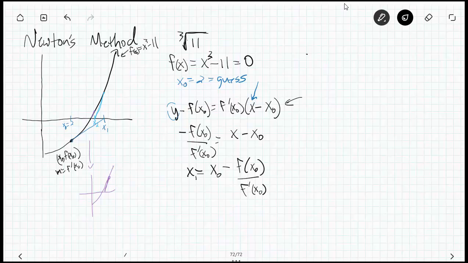So what Newton's method did is it came up with an iterative, algorithmic process by which I can always find x sub n plus 1, as long as I know the value prior: x sub n minus f of x sub n divided by f prime of x sub n. It's so cool. It's ridiculous.